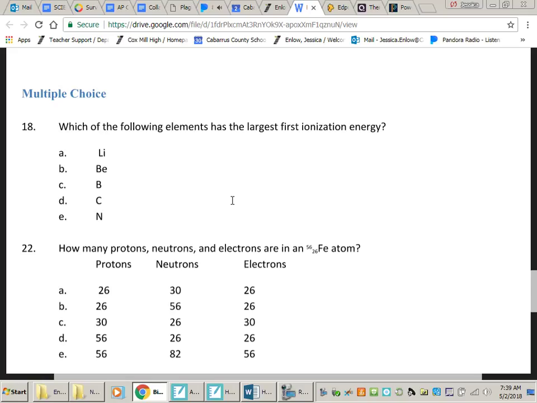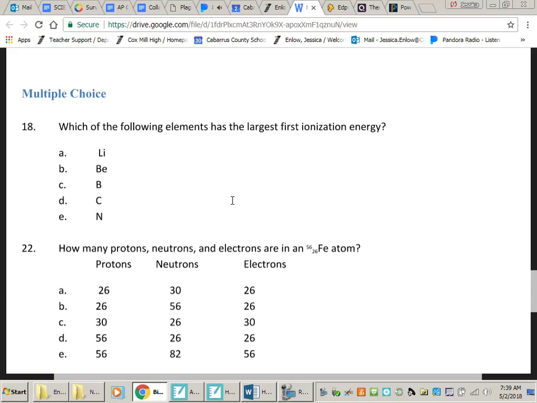Boron, carbon, and nitrogen go to 2p3, and then you hit 2p4 upon going to oxygen's valence electron shell. So nitrogen technically has one electron in each orbital, right? So that's going to have a higher ionization energy compared to oxygen, because oxygen has an extra electron in one of its p orbitals. So this is nitrogen, this is oxygen.